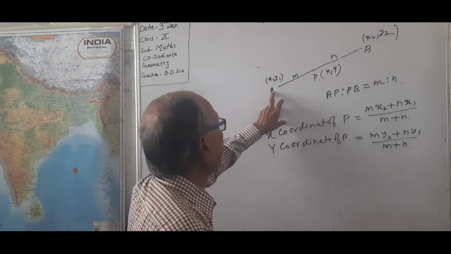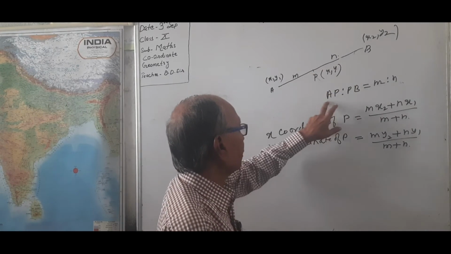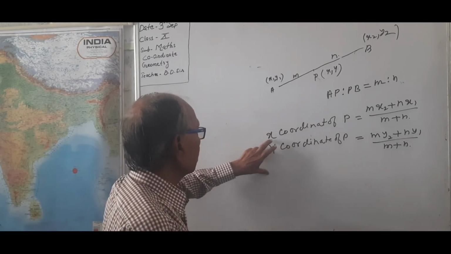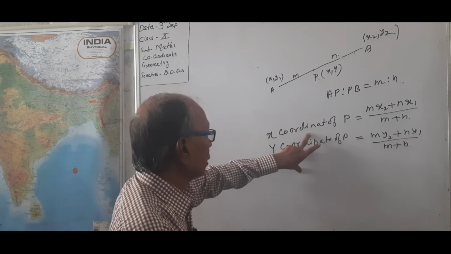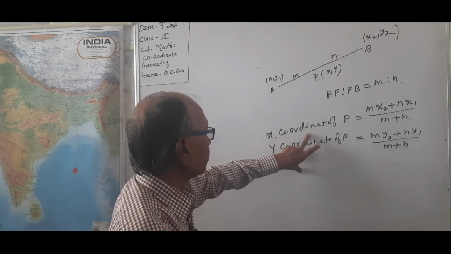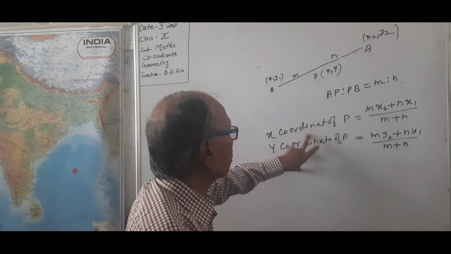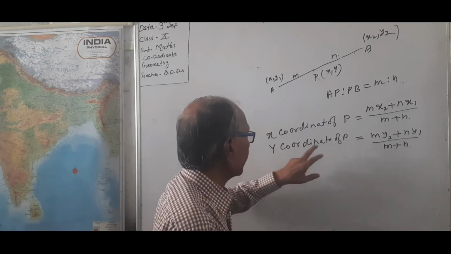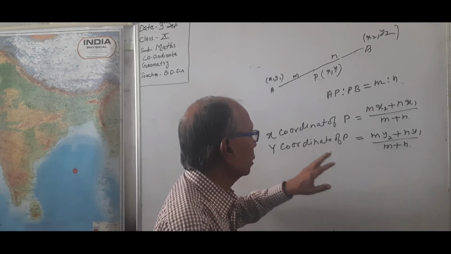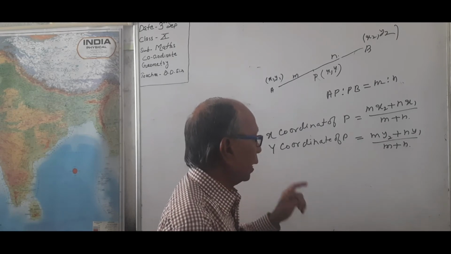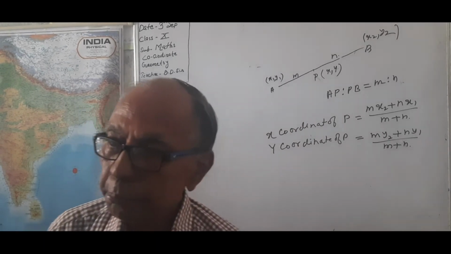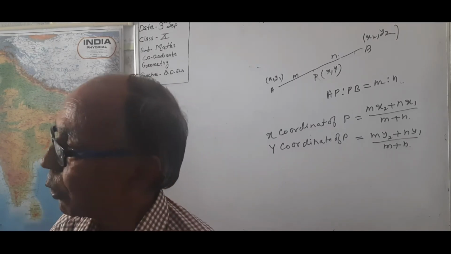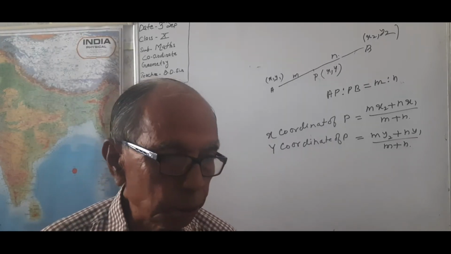I mean to say, AP is to PB is equal to m is to n. So must remember x coordinate of P, which divides the line in the ratio m is to n, is equal to mx2 plus nx1 by m plus n, and y coordinate of P is equal to my2 plus ny1 by m plus n. Must remember these two formulas. These formulas will help you in solving questions.